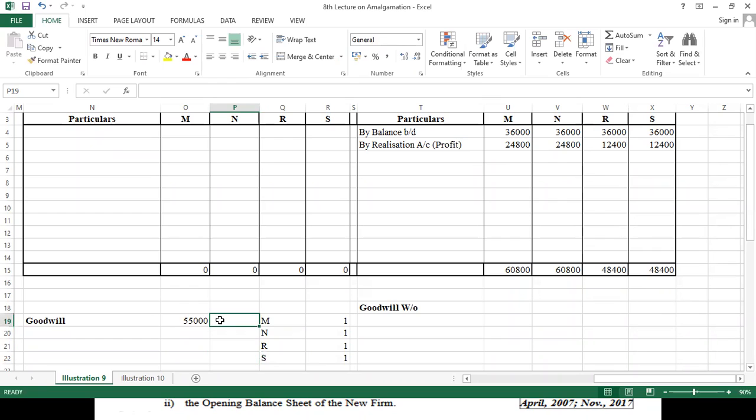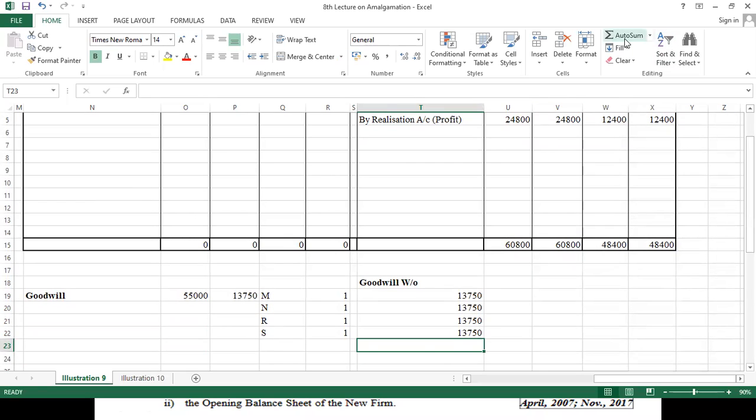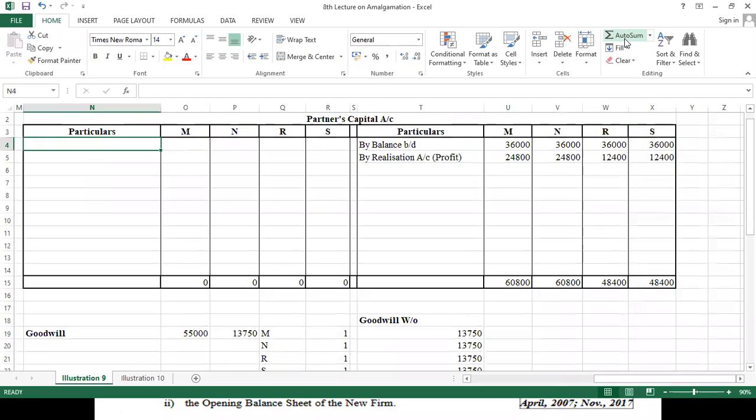So this 55,000 divided by 4 is 13,750, the amount of goodwill that will be written on the debit side of the partners' capital account. यानी अपने 55,000 को राइट ऑफ कर दिया. So here on this side we will write to goodwill written off, amount is 13,750.